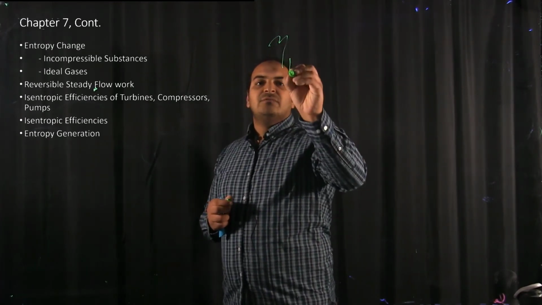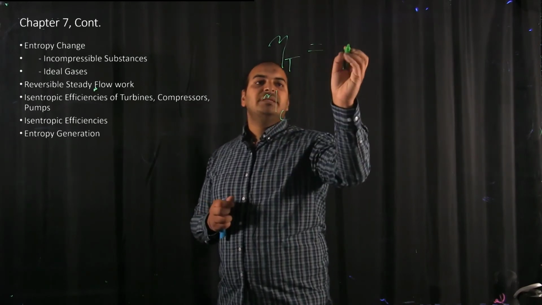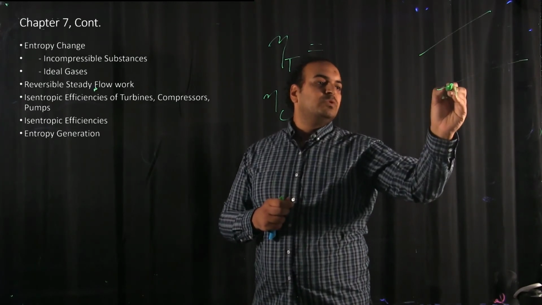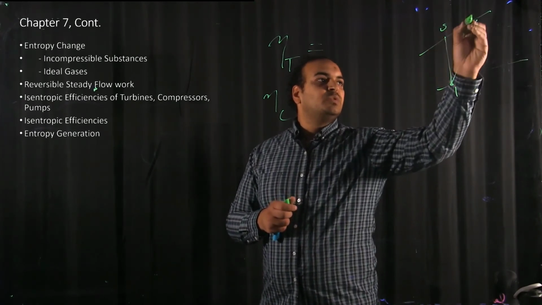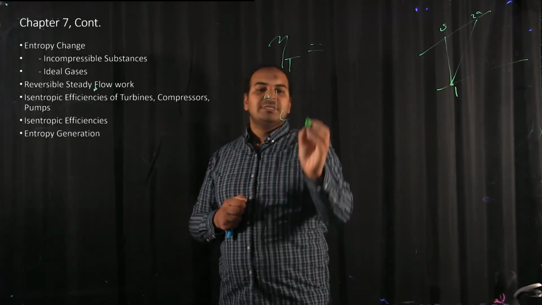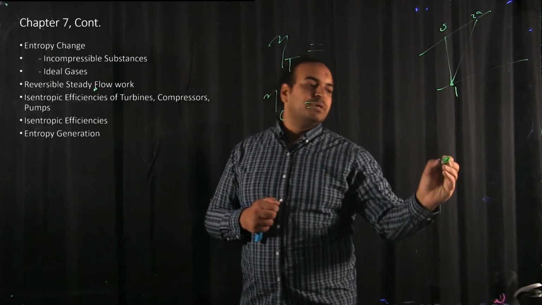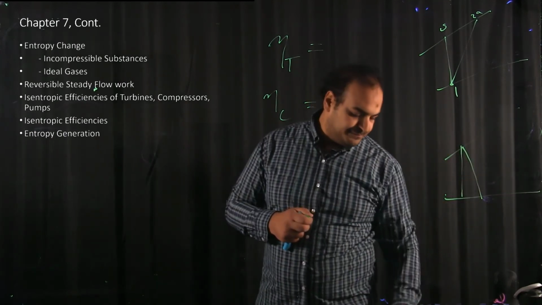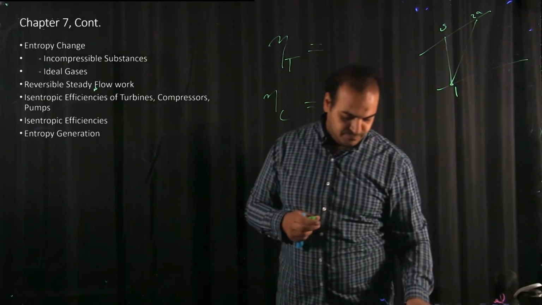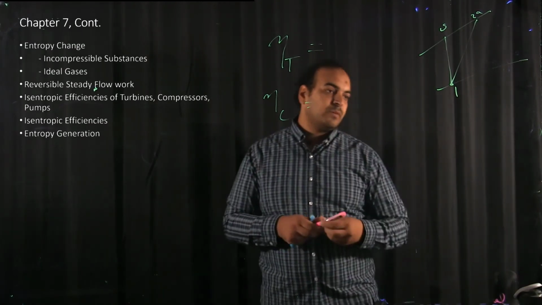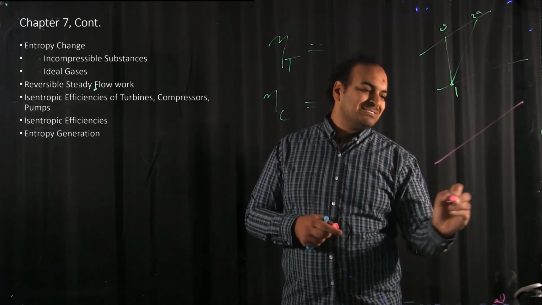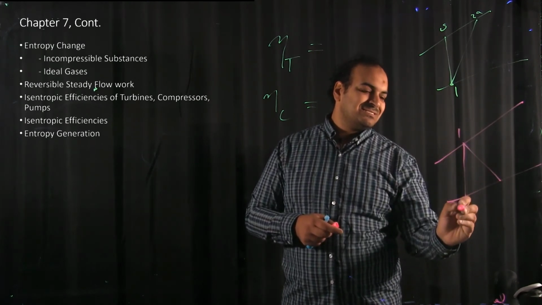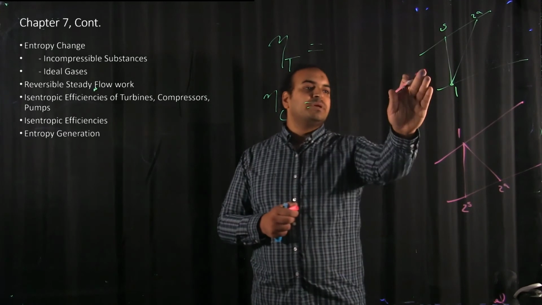We have efficiency for turbine and compressor. Turbine efficiency was, if these are the pressure lines, you go from 1 to 2S and 2A. Efficiency is always shorter over longer. This is the compressor, this is the turbine.